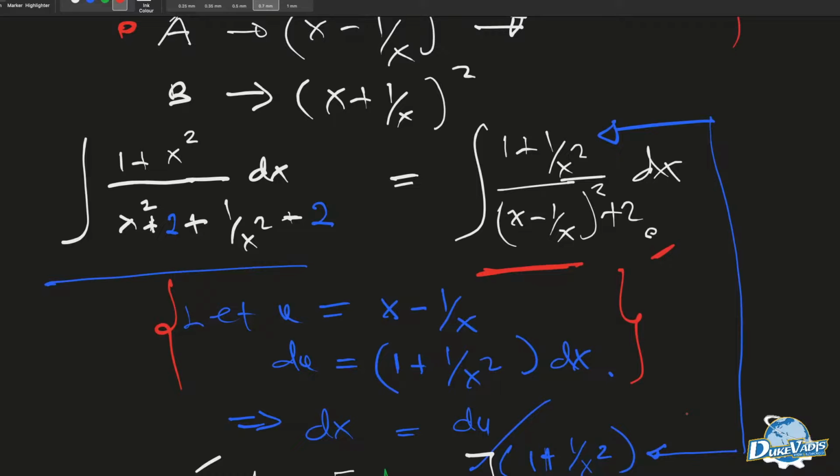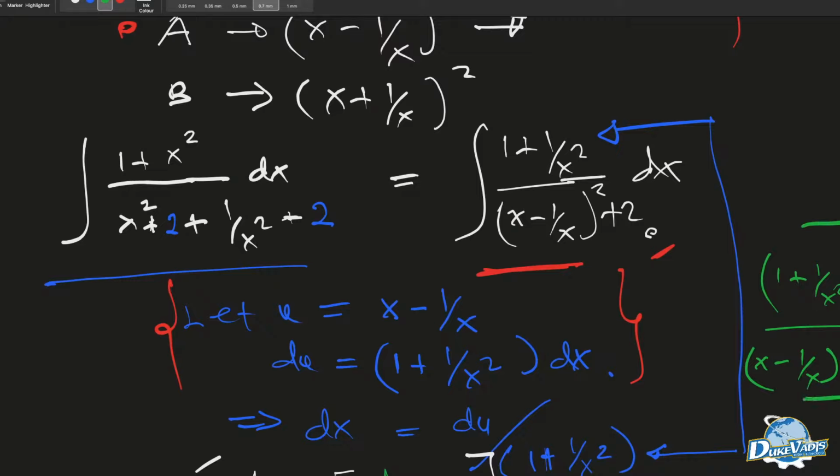So eventually, this expression, 1 plus 1 over x squared, over x minus 1 over x into bracket squared, plus 2.